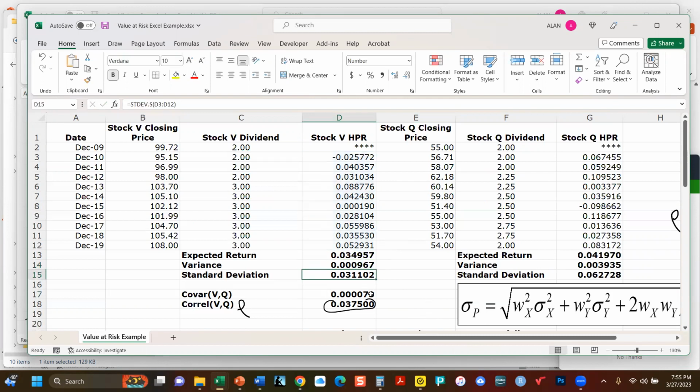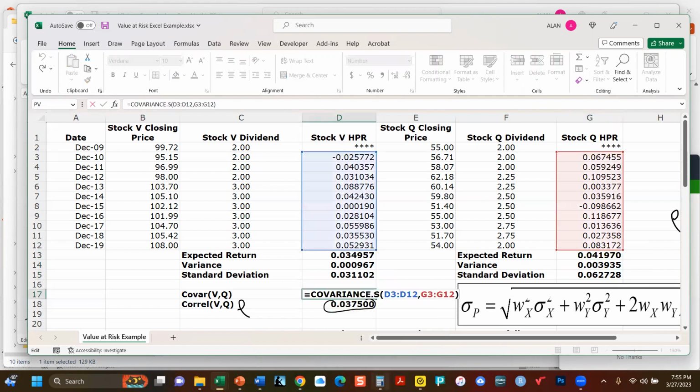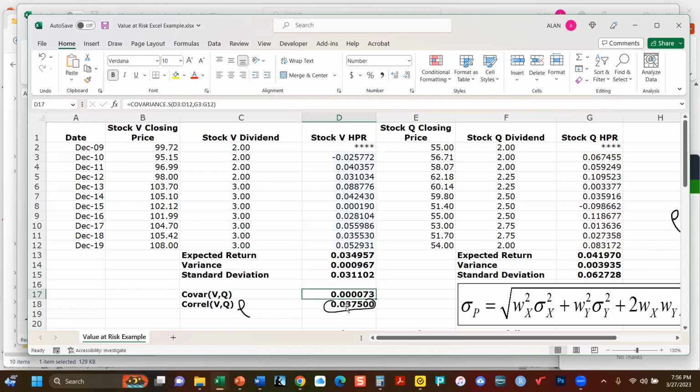And then standard deviation can be done by either taking the square root of the variance, or Excel's function is called stdev.s. And of course, we'll do the same thing over here for stock Q. And then the covariance has its own function in Excel. It's called covariance.s.